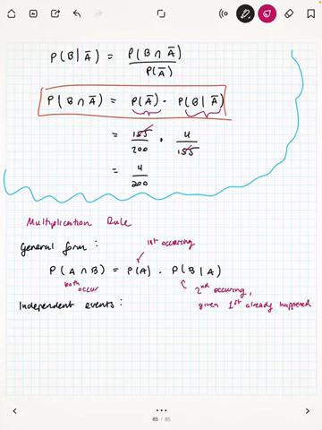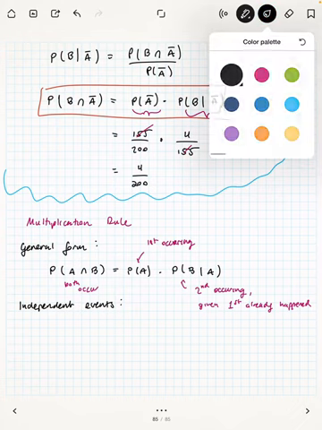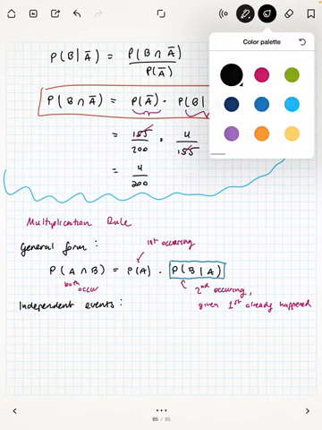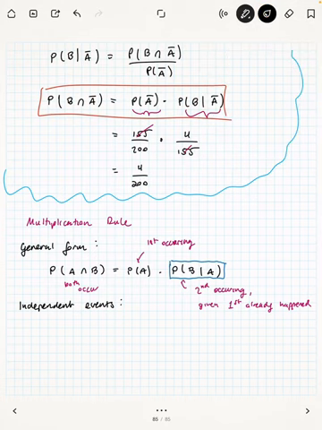So intuitively, it makes sense. So it matches our intuition. The thing is, this is a conditional probability right here. And it assumes that what happens to B will depend on whether or not A has occurred.